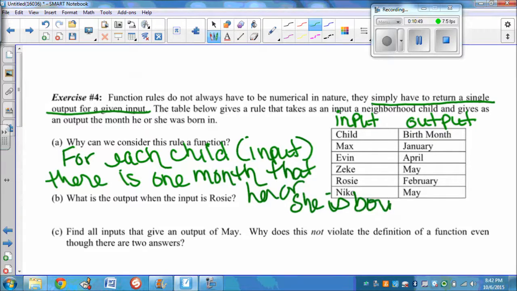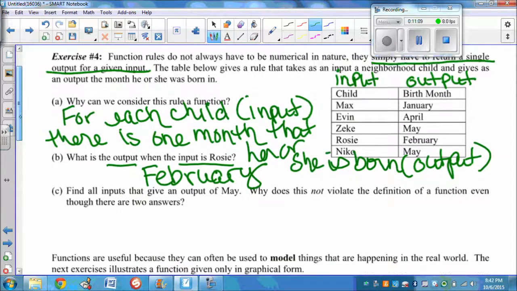That's our output. So it fits the definition of a function. So what is the output when the input is Rosie? When the input is Rosie, the output is her birth month, February.